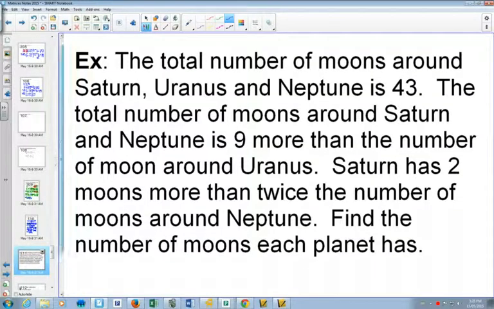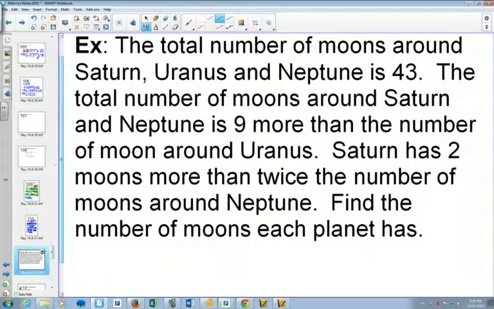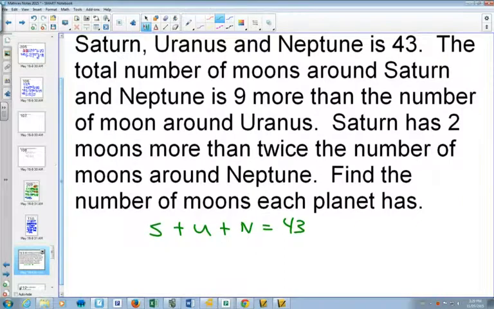Total number of moons? 43. So S plus U plus N. Are you okay with those variables? So the total number of moons around Saturn and Neptune is 9 more than the number of moons around Uranus.